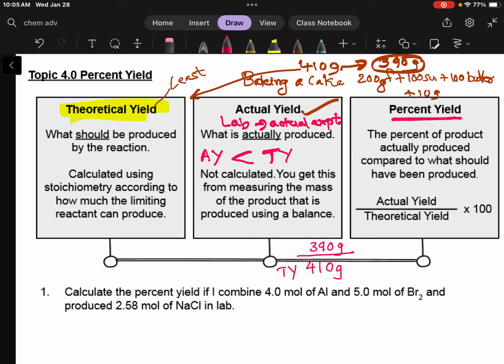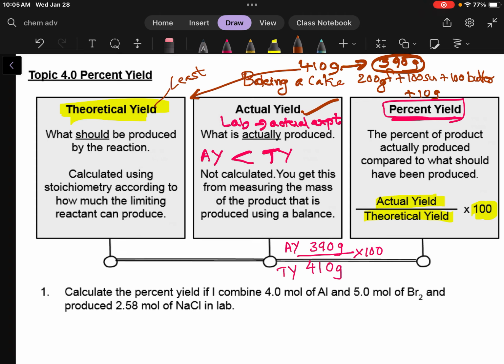So that is your theoretical yield, and this is your actual yield, and you divide and multiply that by 100 to convert that into percent yield. Percent yield is actual yield divided by theoretical yield times 100.